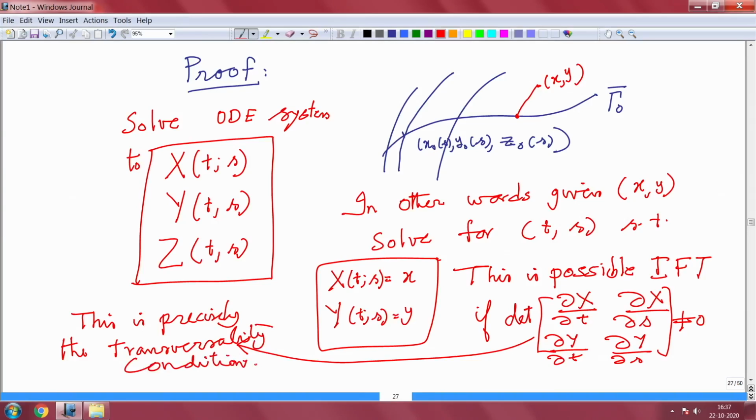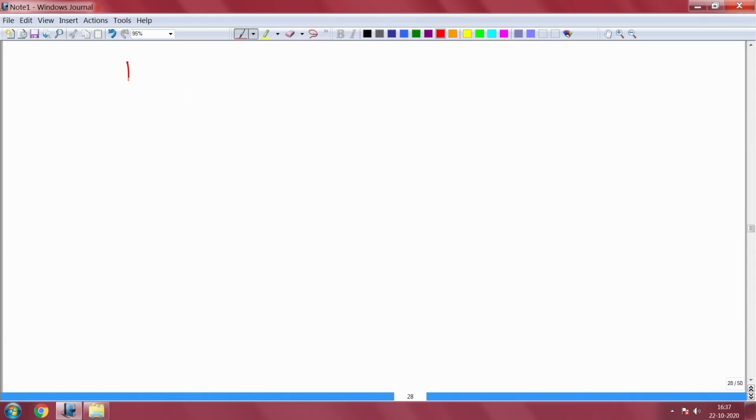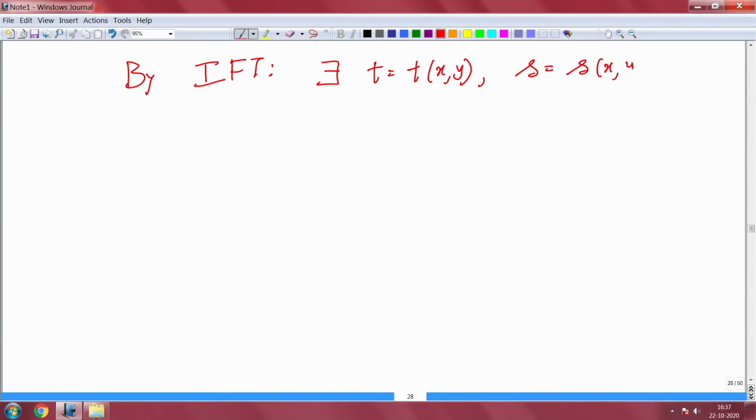So, by the inverse function theorem, there exists t, that will depend now on x and y. You can solve for t, s is equal to s of x, y, uniquely, locally. Everything is local, uniquely, of course locally.